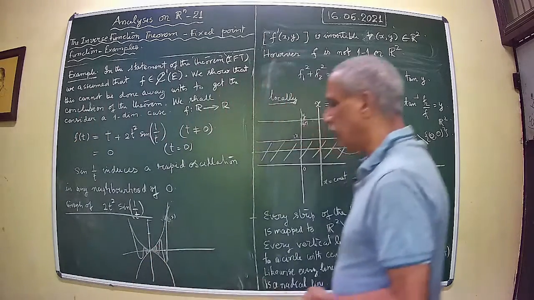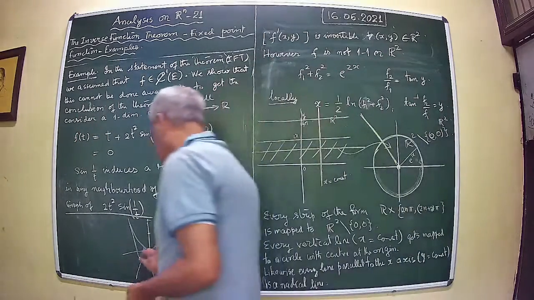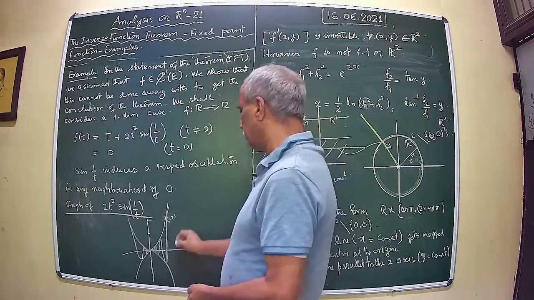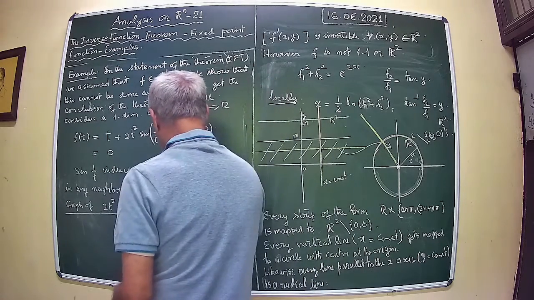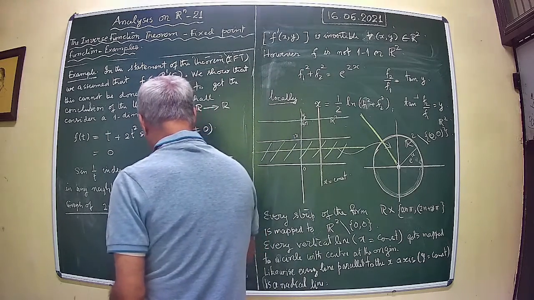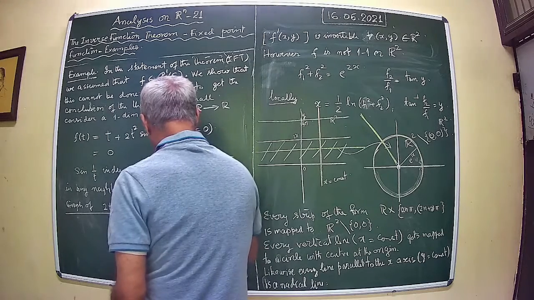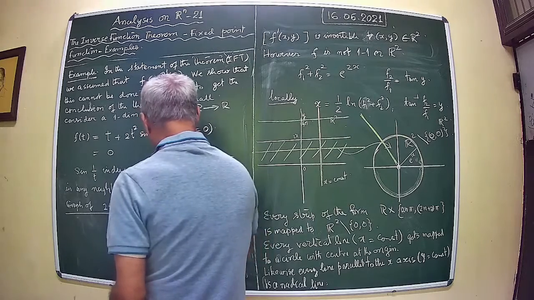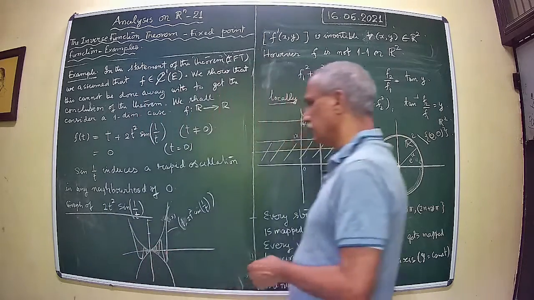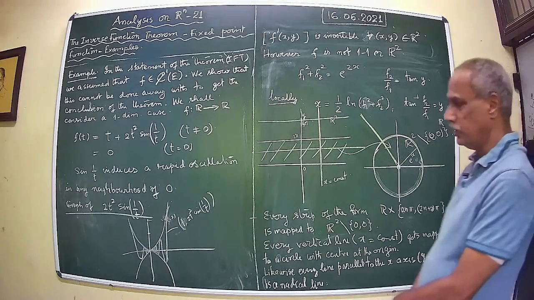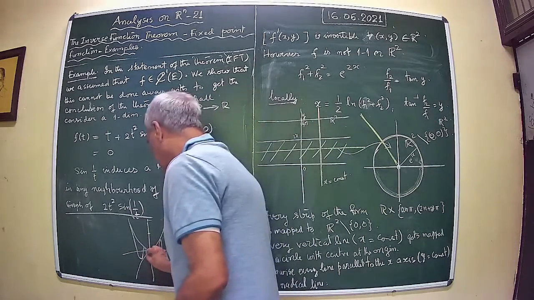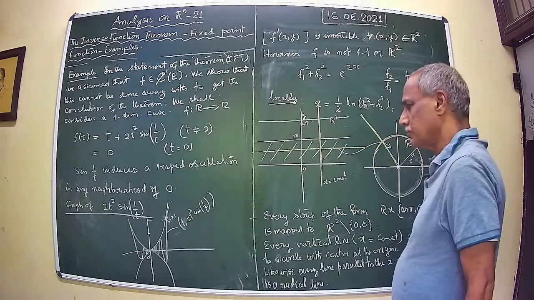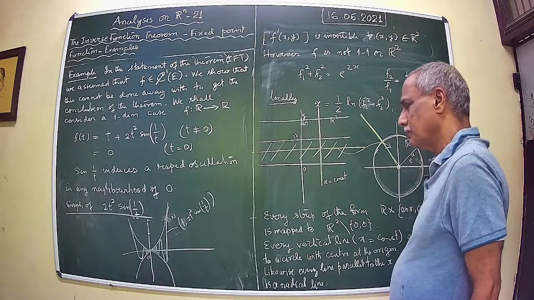There is a rapid oscillation in the neighborhood of 0. This is the function, right?